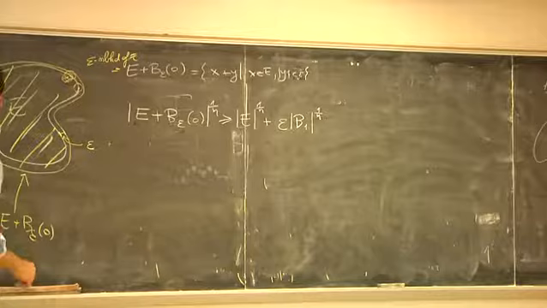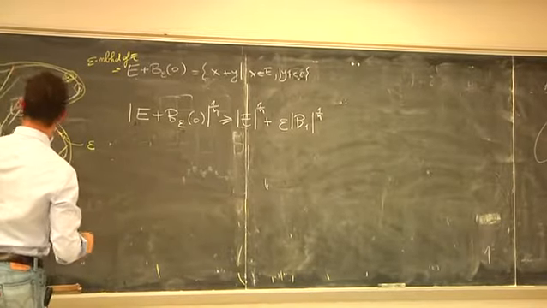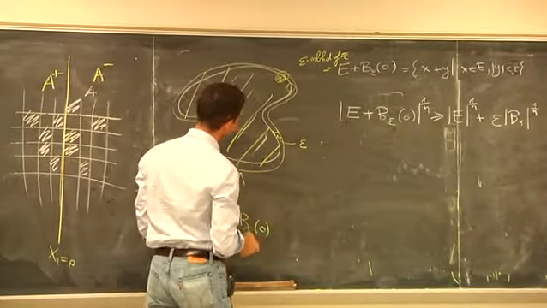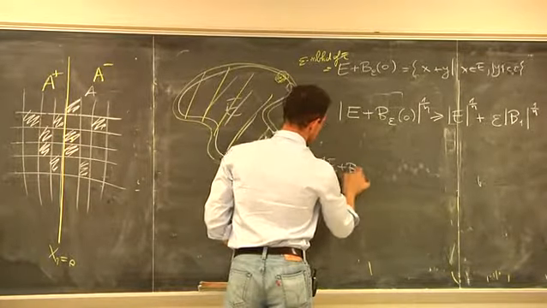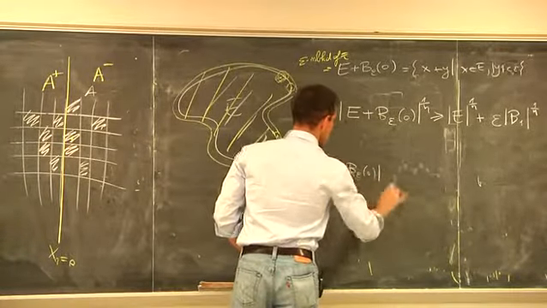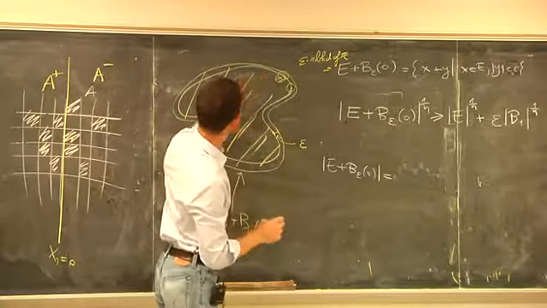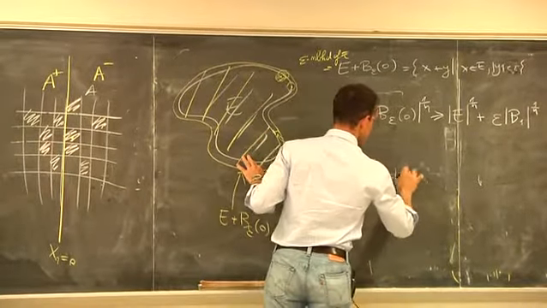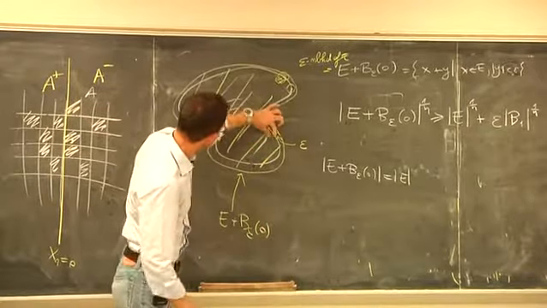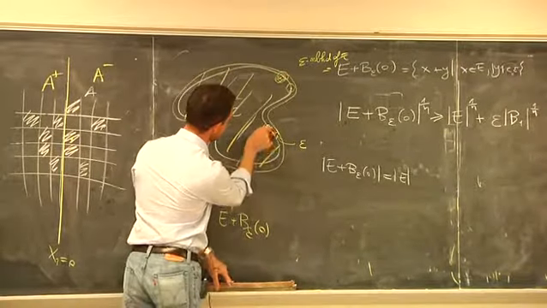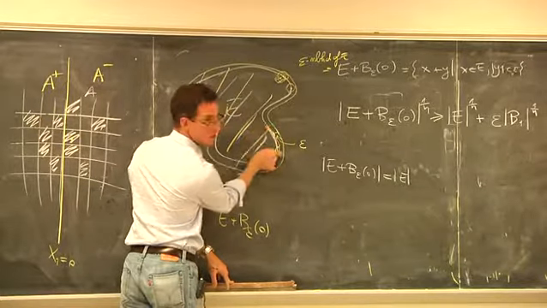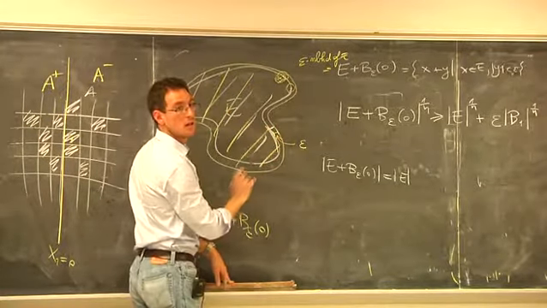On the other hand, what can we say about this? Well, the volume of E plus B epsilon 0 is going to be what? You have all the points which are in E, so you get the volume of E. Then you have the volume of this strip, which is the length of this times epsilon.